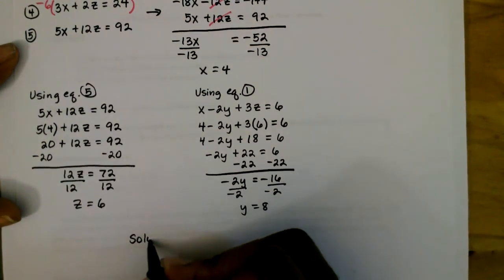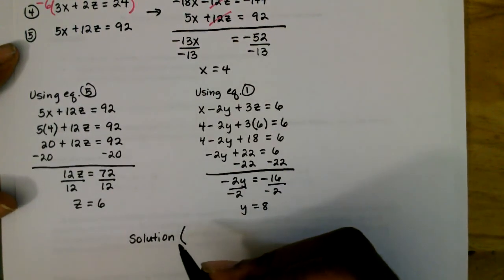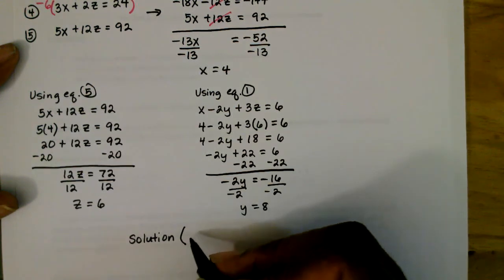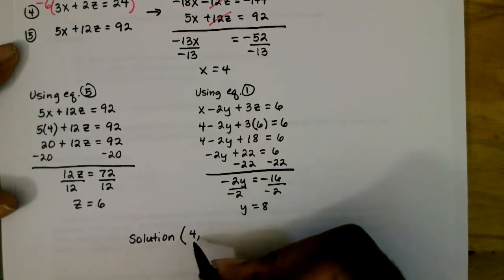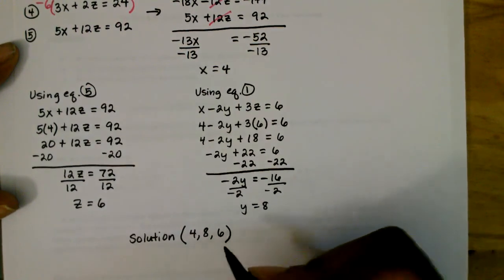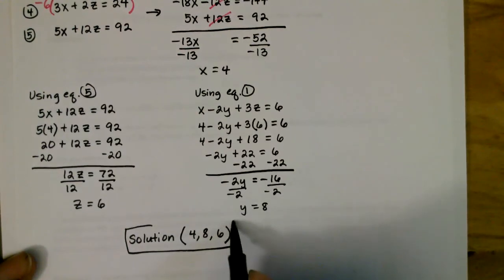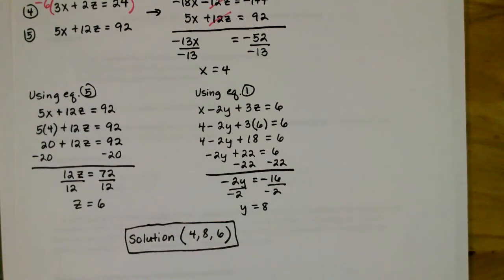So that means that the solution to this system of linear equations in 3 variables will be x comes first, that's 4, and then y, which is 8, and then z, which is 6. So 4, 8, 6 is the solution to that linear system in 3 variables.